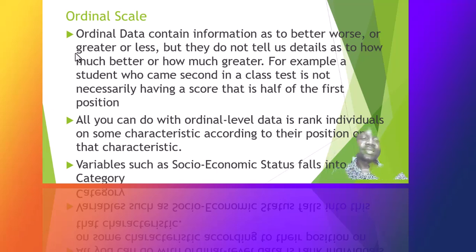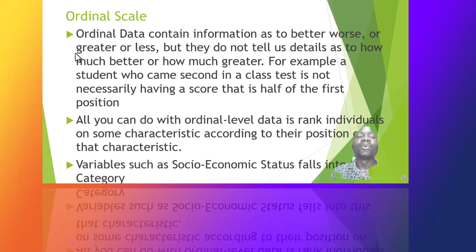The second scale which we must understand is the ordinal scale. The ordinal scale contains information as to better, worse, or greater or less, but they do not tell us in detail how much better or how much greater.